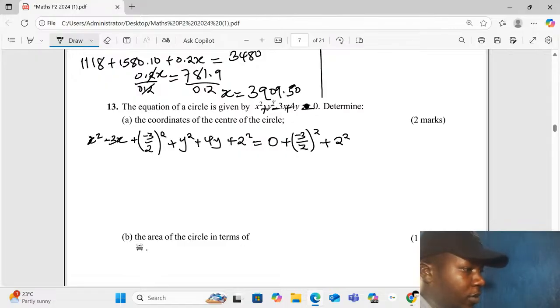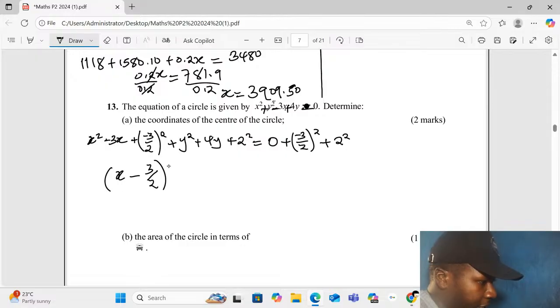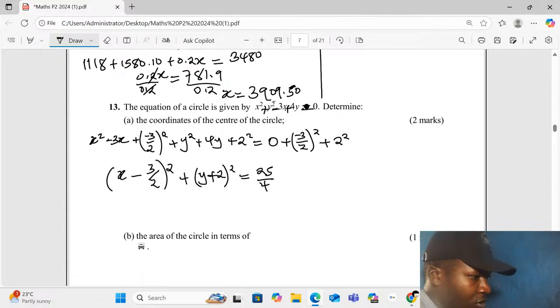Remember the completing square method? Now x minus 3/2 squared, now plus y plus 2 now squared will be equal to 25 over 4, which will be equal to 5 over 2 squared.